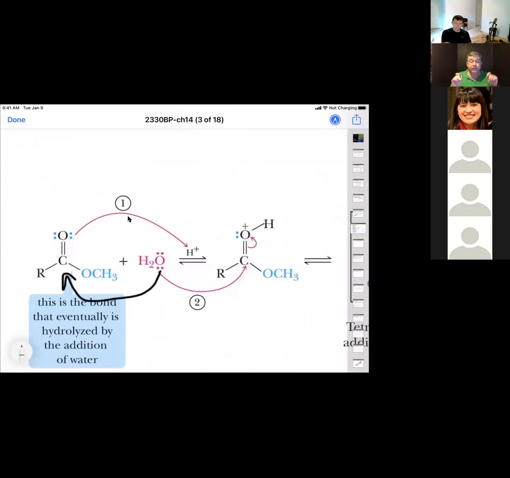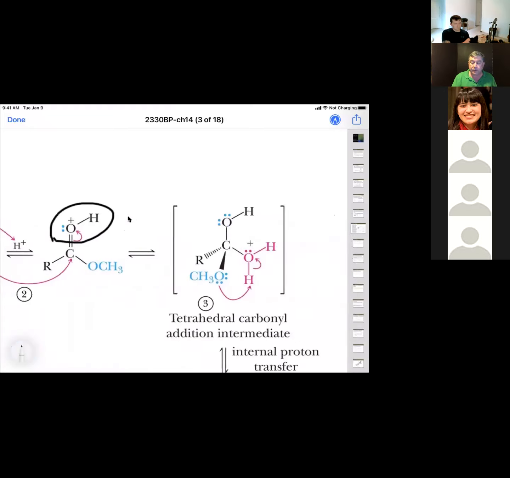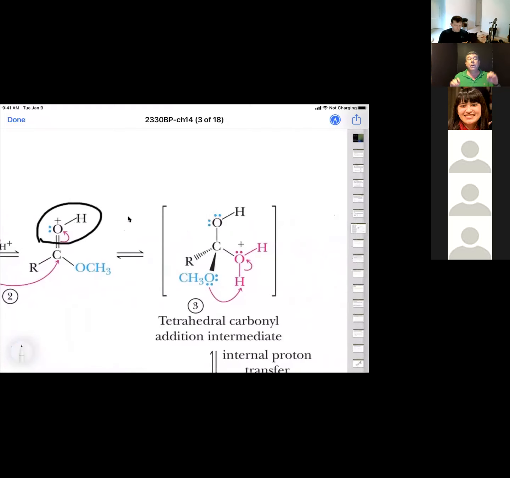However, if we protonate the carbonyl first, it makes it easier to form our tetrahedral center. So by protonating that carbonyl first, when we get to our tetrahedral center here, only the water coming in has a positive charge. Okay. So now we have things that can happen.